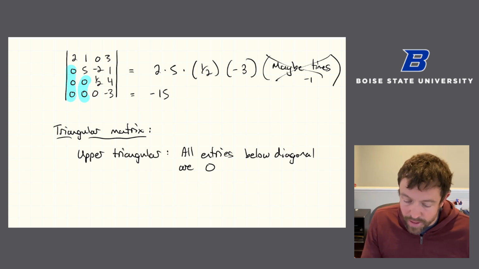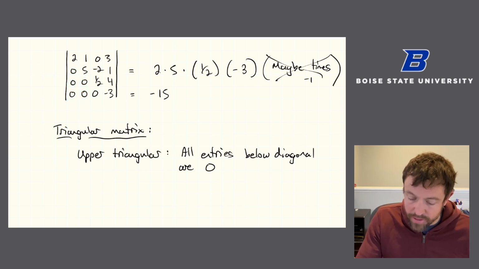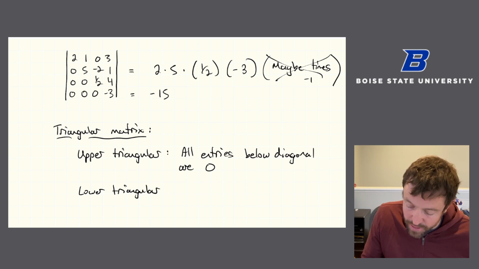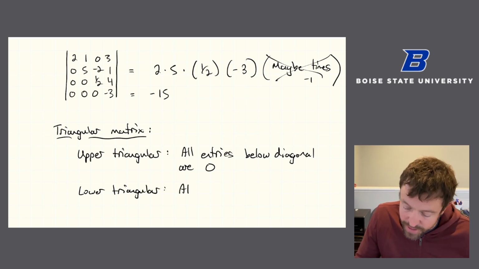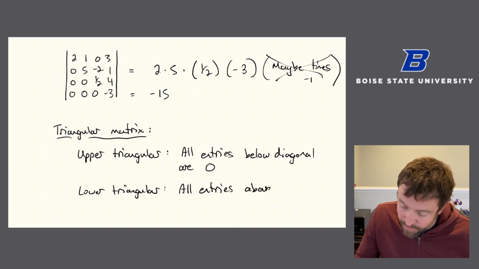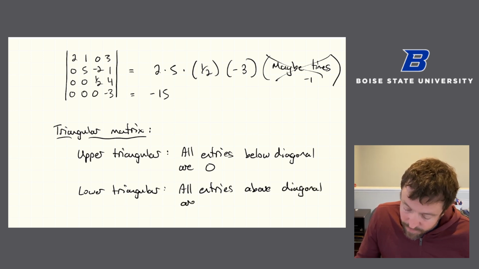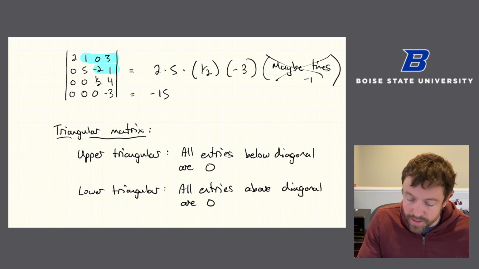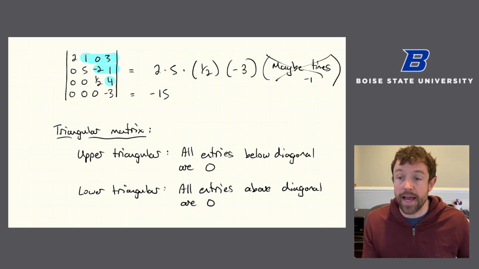And you could similarly imagine that a lower triangular matrix, we would apply the same logic to. So in a lower triangular matrix, all entries above the diagonal would be 0. So that's not the case here, but that's referring to these entries, all the entries above the diagonal.